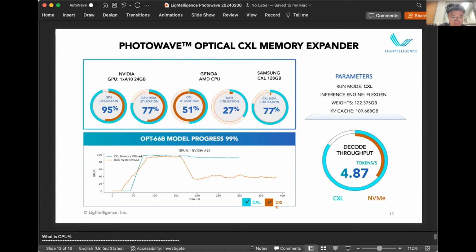When the model was stored on the solid state drive, the CPU is quite active because it's essentially managing memory buffers. So all in all, decode throughput about 2.5 times better using the CXL memory. That's important. You can get your news text summarization much faster.